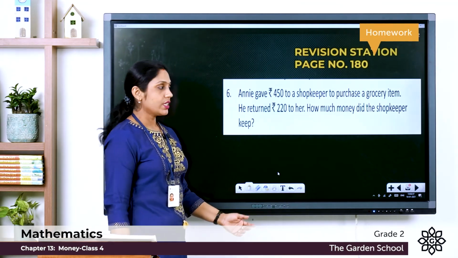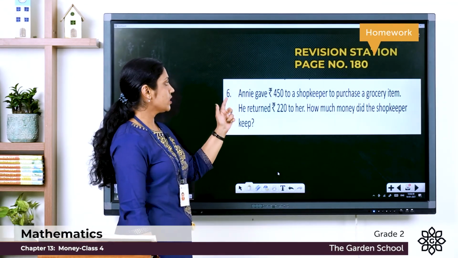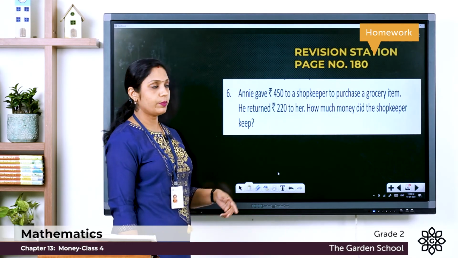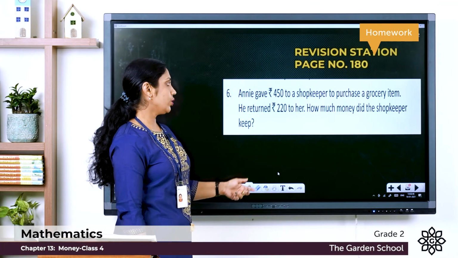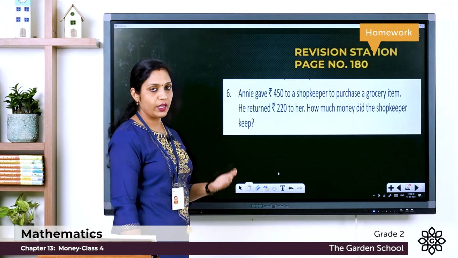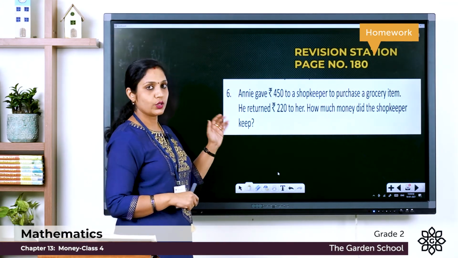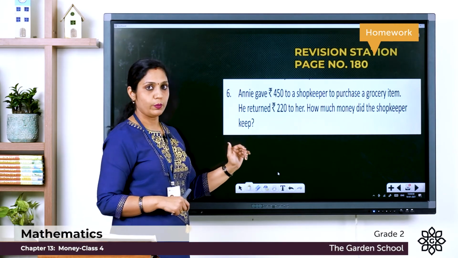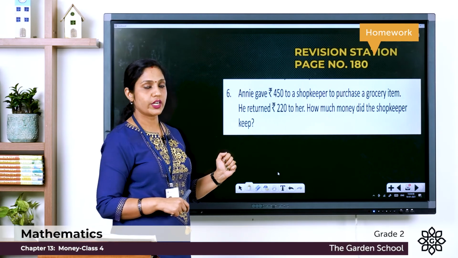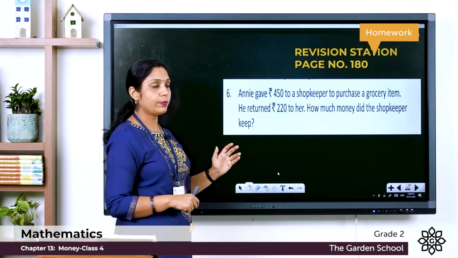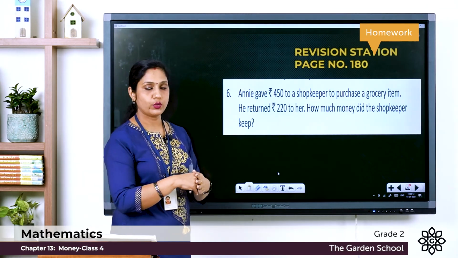The next one, sixth: Annie gave rupees 450 to a shopkeeper to purchase a grocery item. He returned rupees 220 to her. How much money did the shopkeeper keep? So here Annie gave the shopkeeper rupees 450 when she purchased grocery items, and the shopkeeper returned her 220 rupees.